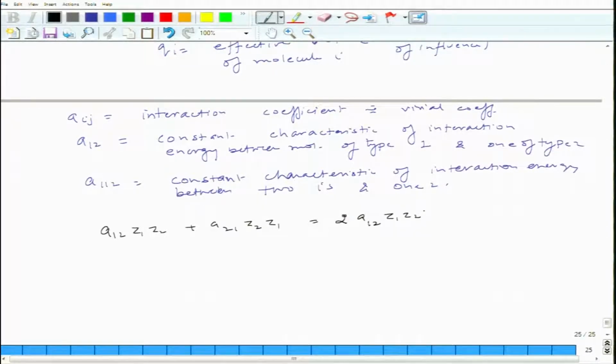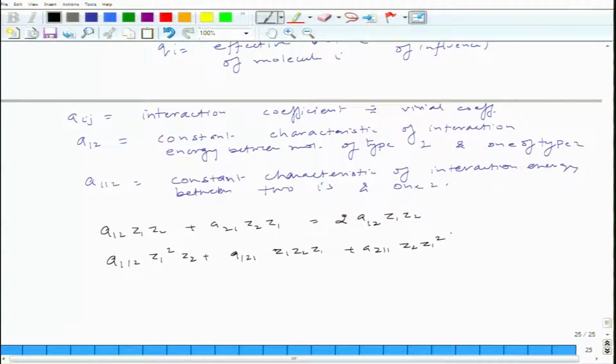Similarly, we can consider A112 Z1 square. There are 2 of type 1, 1 of type 2, and this is Z2, plus A121 Z1 Z2 Z1 plus A211 Z2 Z1 square.